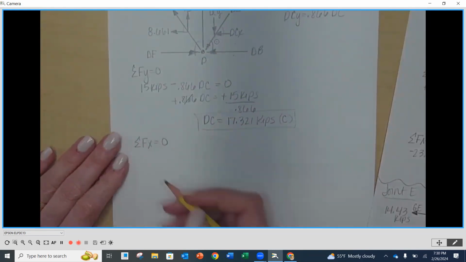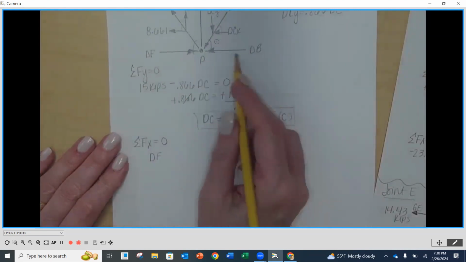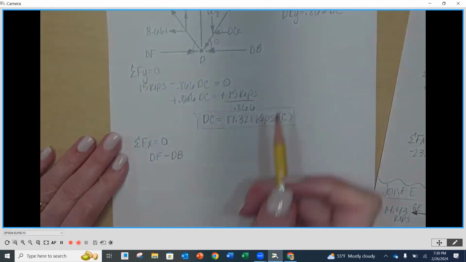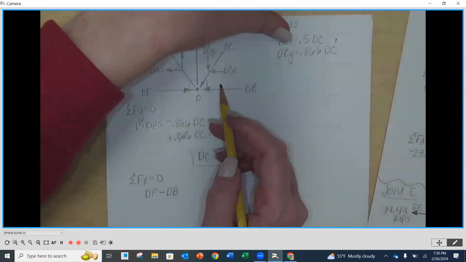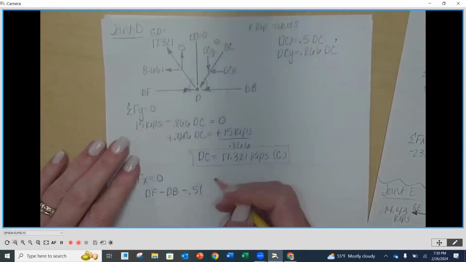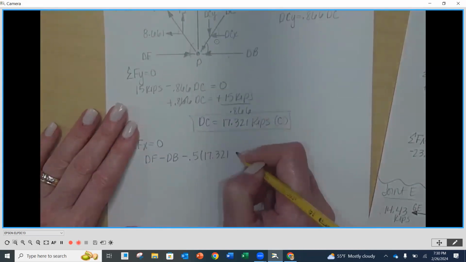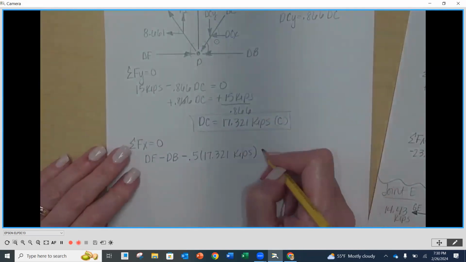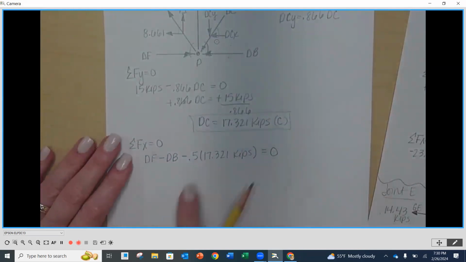Okay. So I've got a DF going to the right, positive. I've got a minus DB coming back to the left. And then I've got a minus DCY, or I'm sorry, DCX. So I've got a minus 0.5 times DC, which I know to be 17.321 kips, equal to 0.